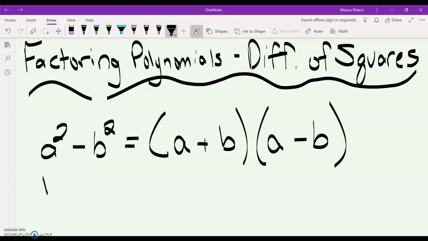And that would be: take the square root of this piece here and take the square root of this piece here, and that gives you a and b.